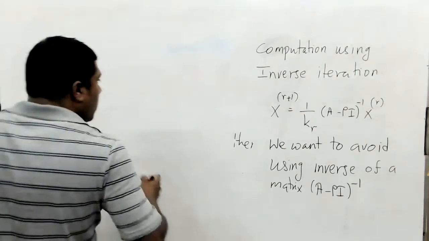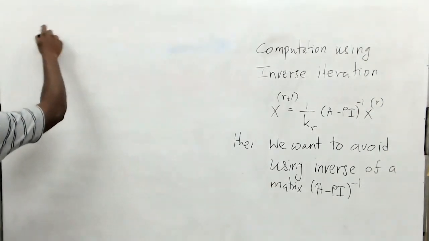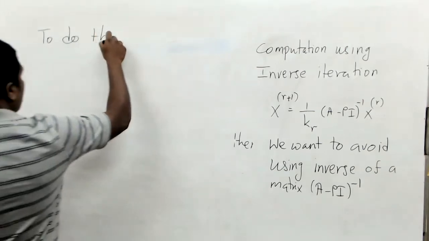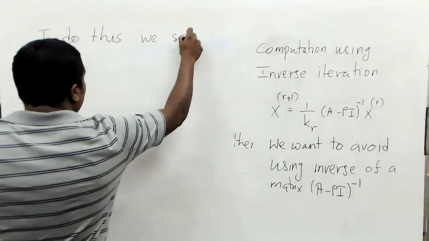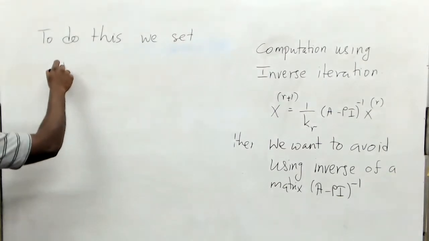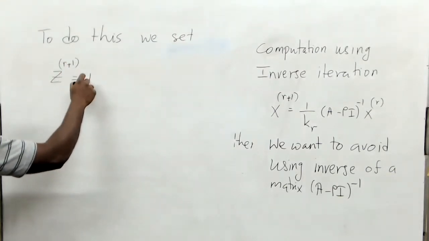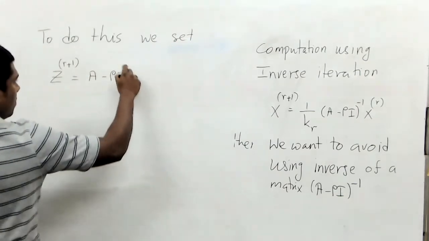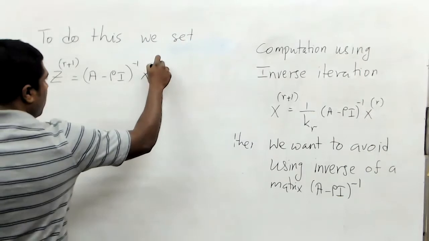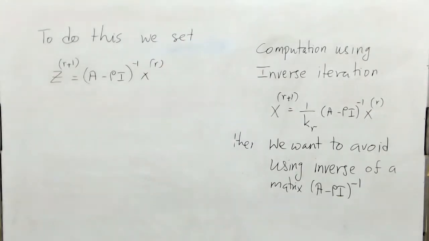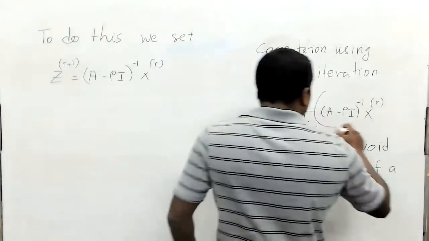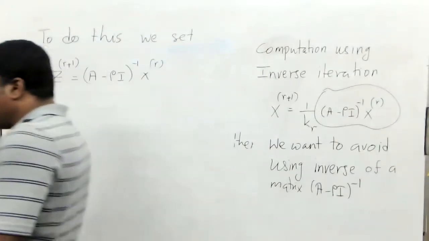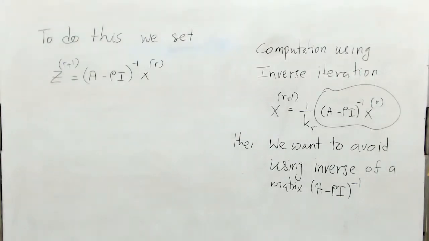Okay, so in order to do this, let us rename this part, the part with the inverse matrix, as Z_{r+1}.